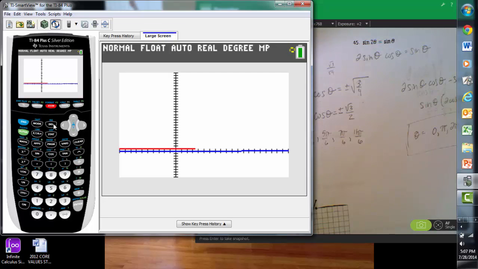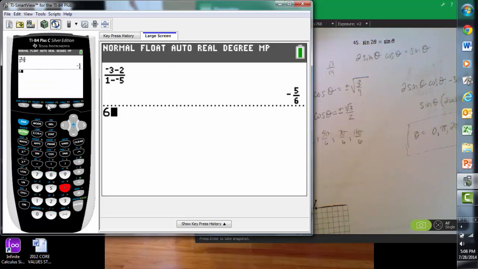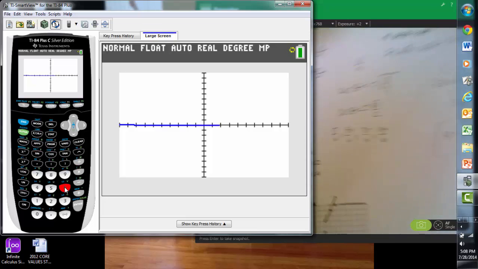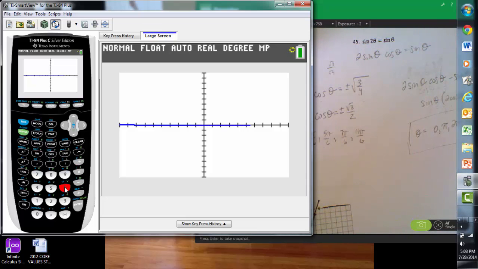To get your 10 by 10 window, we're going to go zoom 6. Oops, zoom 6. Now you can see it better, I think. Oh, right. Zoom 6 is silly because it's a trig function. It's only defined from -1 to 1 on the y-axis and -2 pi to 2 pi on the x-axis.